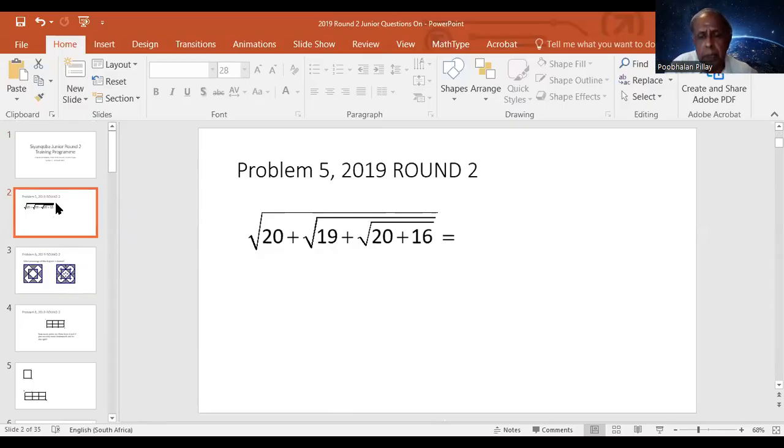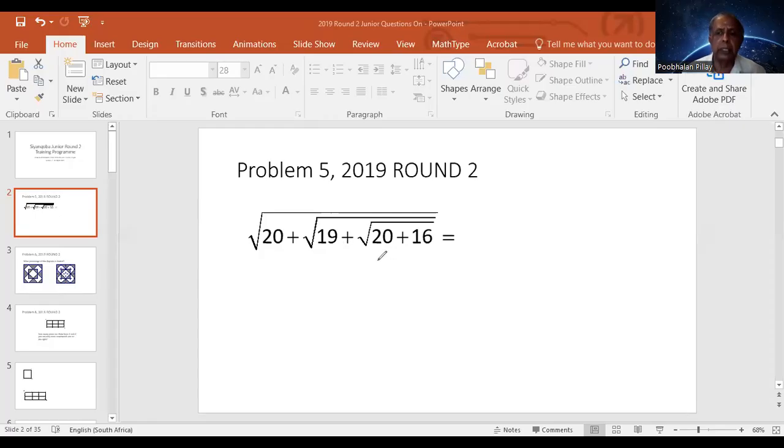This is round 2, and I am quite certain that all of you will know how to do those extremely simple problems. So we go straight to problem 5 so that we have more time to spend on the rest of the problems. All right, so let's go. The very first problem is this one.